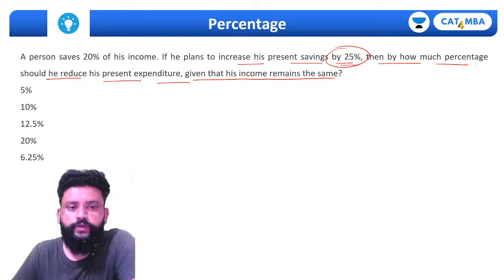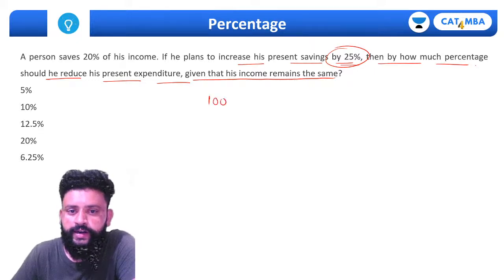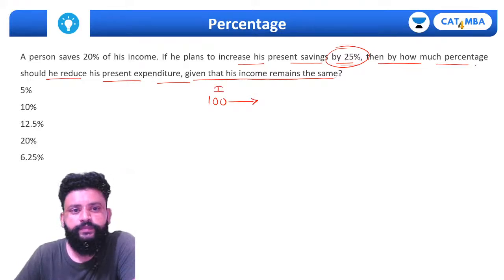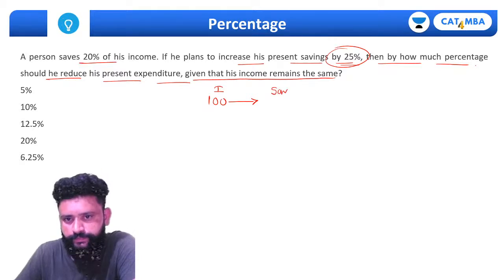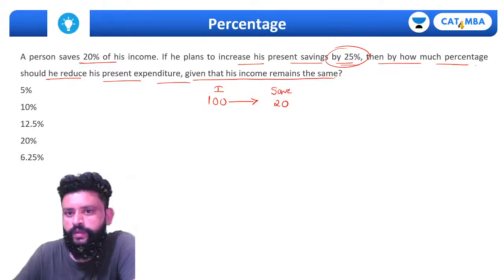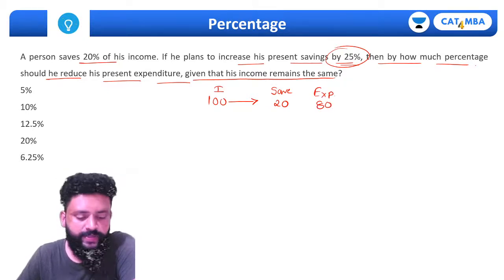Let me know quickly. It should not take that much time. बोलो, अगर वो 100 rupees कमाता है income, he saves 20% and his expenditure is of course 80 rupees, उसका खर्चा होता है, तभी तो वो 20 रुपए सेव कर रहा है.